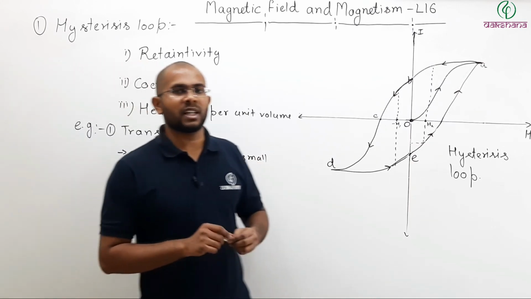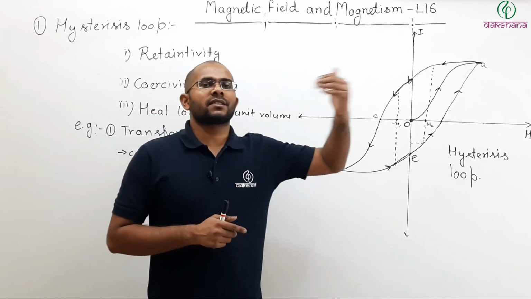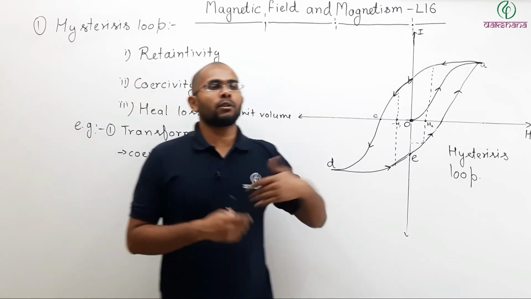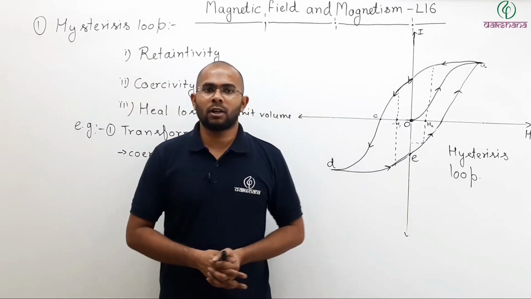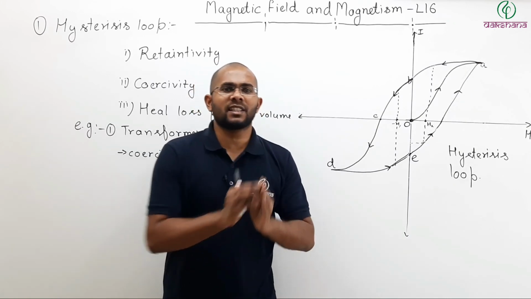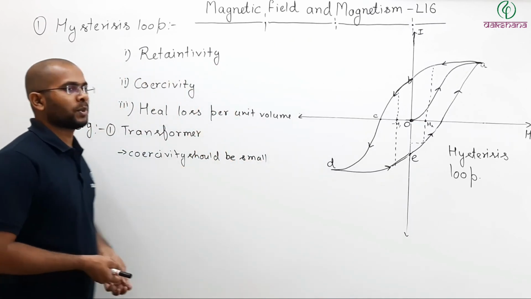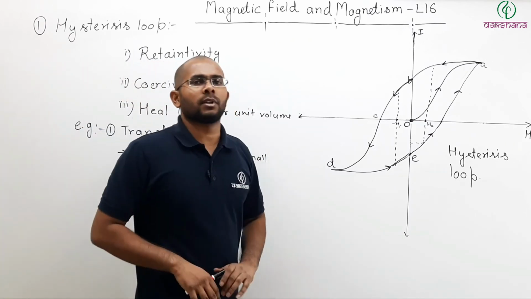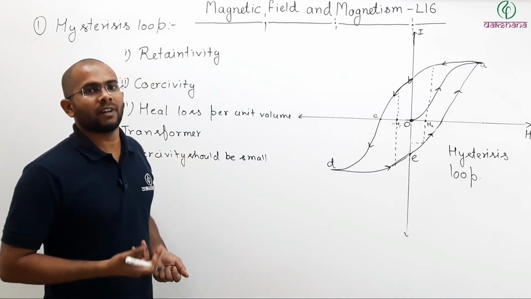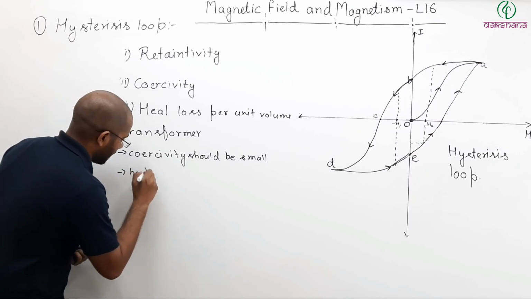What about heat loss? What is the purpose of a transformer? The purpose of a transformer is to transfer the power at higher or lower voltage. Now if you want to transfer the power, the loss of power should be as less as possible. Meaning the heat loss per unit volume should be as small as possible. So if you want to use a material in your transformer, then heat loss should be very small.